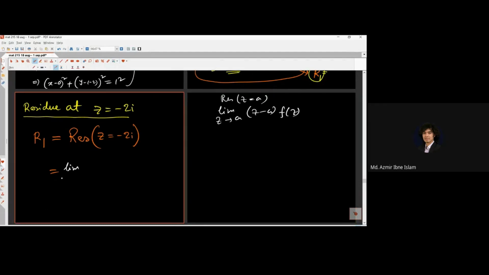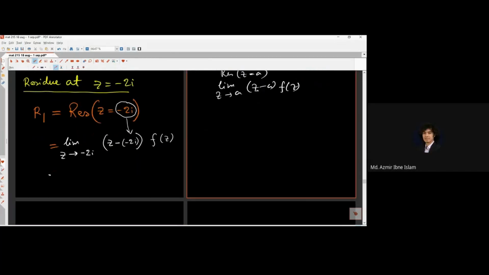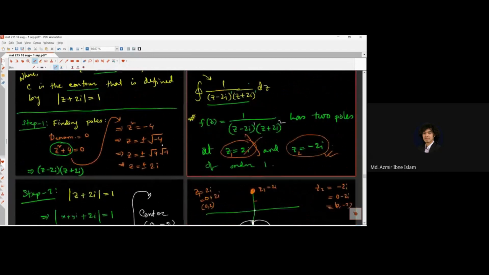So it will be limit z tends to negative 2i of (z minus a) f of z. Try to understand, this is our a, so be careful. Finally, limit z tends to negative 2i, and the simplified part will be (z plus 2i) f of z. Now plug in the function. What is our function?